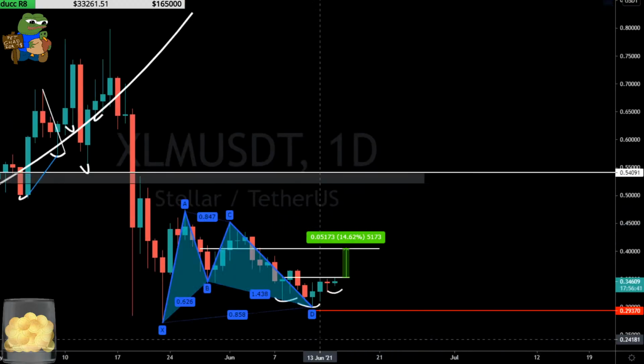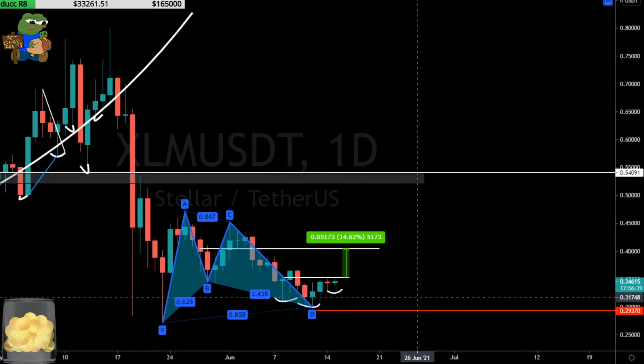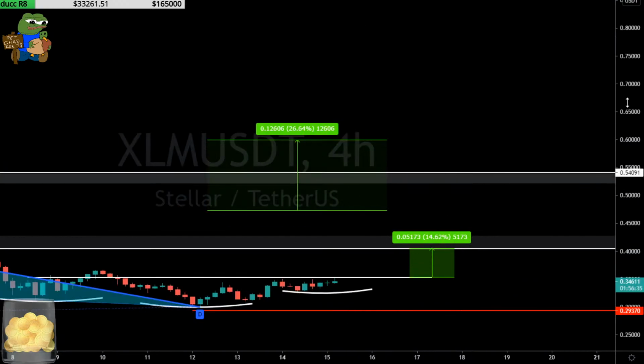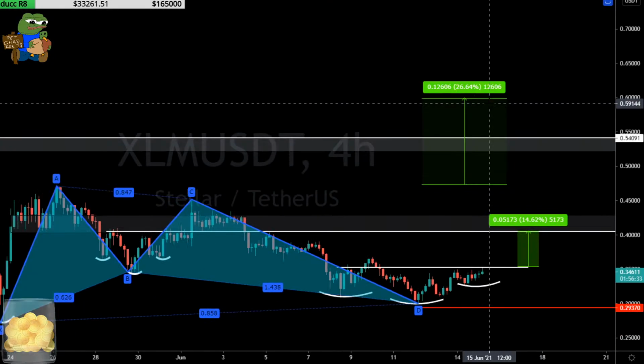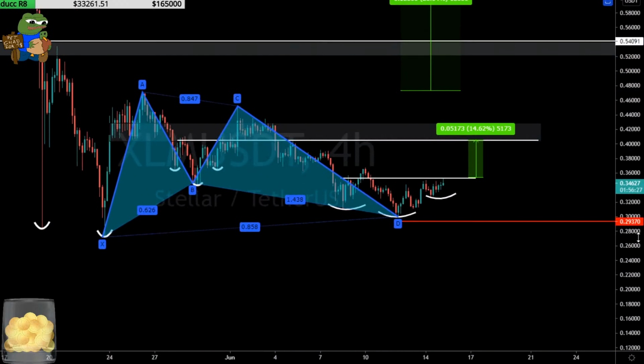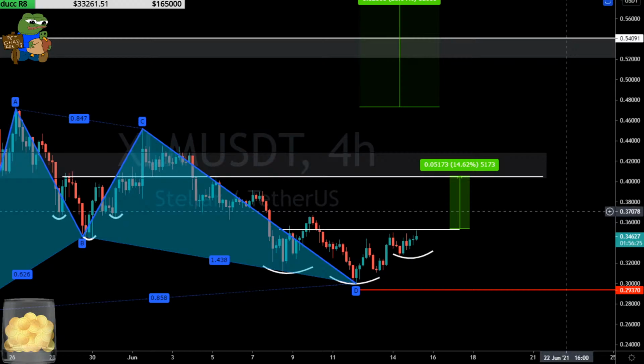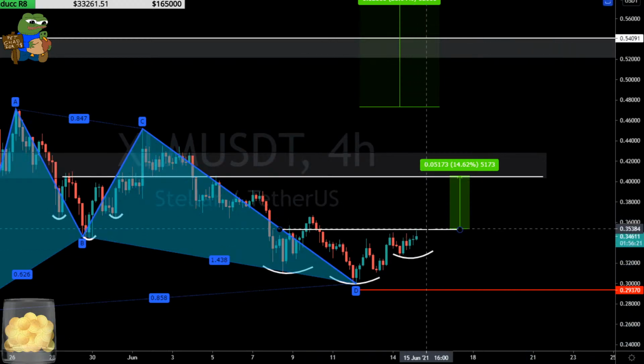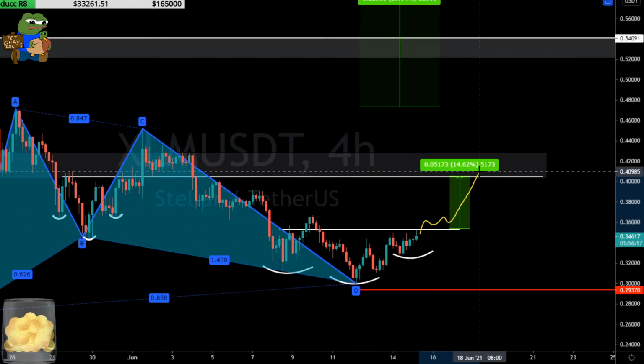That being said, lumens, we need to get above this critical local little neckline area first. If we can get above this 35 cents area, we could find ourselves at 40 cents.